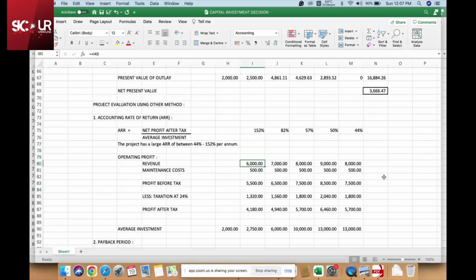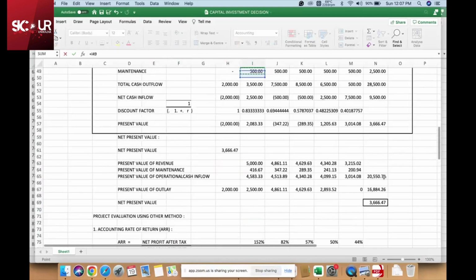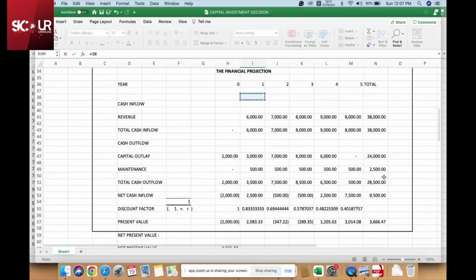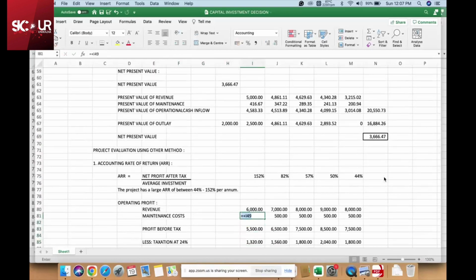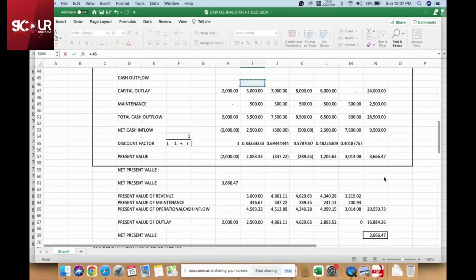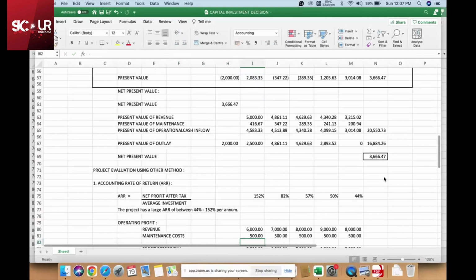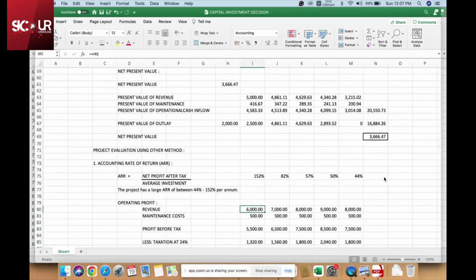We just copy it back here from the revenue figure up there, 6 million, and then the maintenance costs we also copy from up there, and then just copy through, and it will be captured.